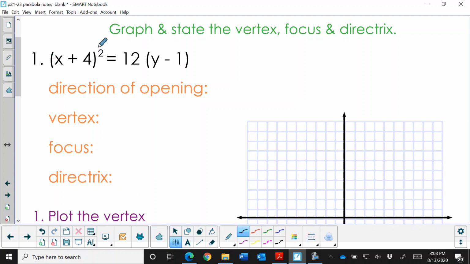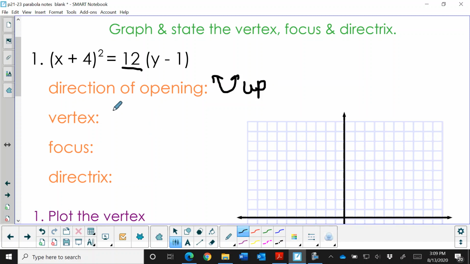This is an x squared, and the 4p portion is positive. Remember, 4p is on the side of the equation without the squared term. So if we have an x squared and 4p is positive, that means it's going to open up. So we can just put up.